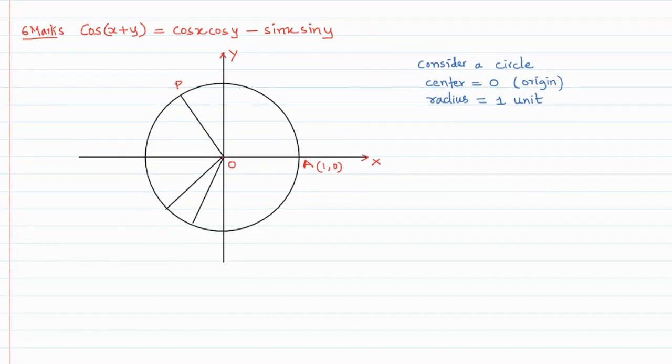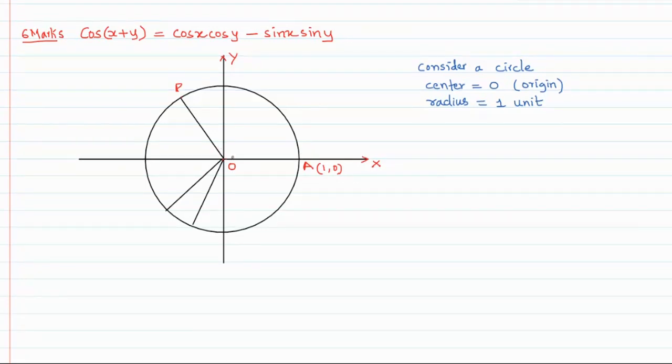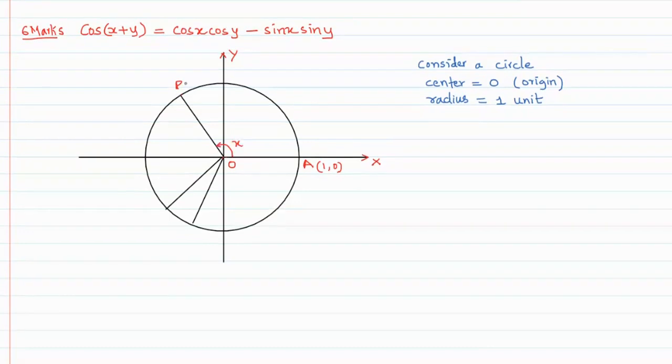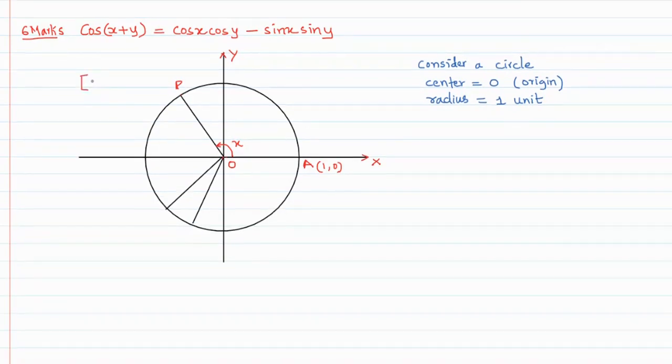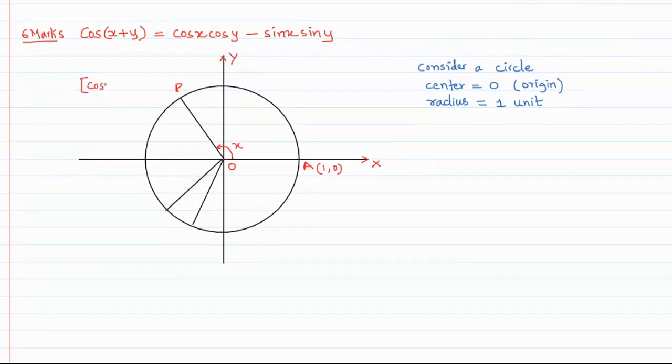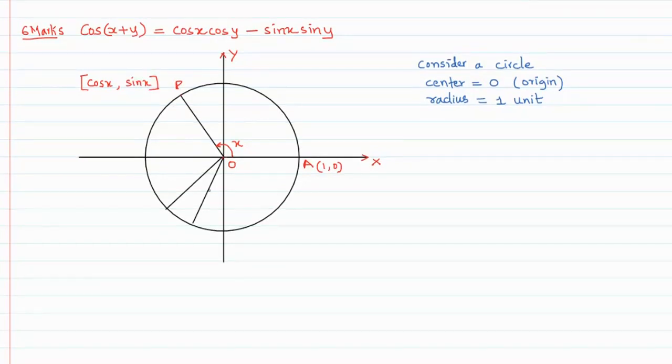Let this point be P, making an angle x with the x-axis. Then the coordinates of point P are (cos x, sin x).